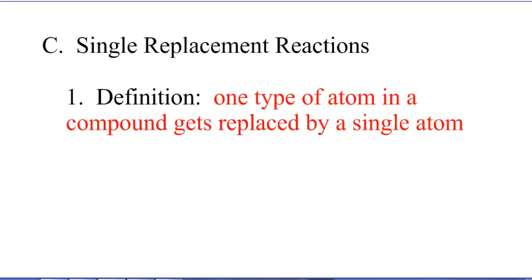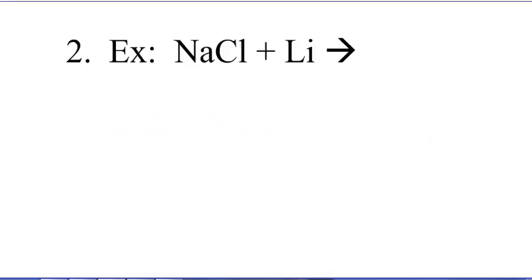The next type is called single replacement. By definition, one type of atom in a compound gets replaced by a single atom. So, for example, sodium chloride is a compound and lithium is a single atom. What happens is lithium is going to replace sodium.